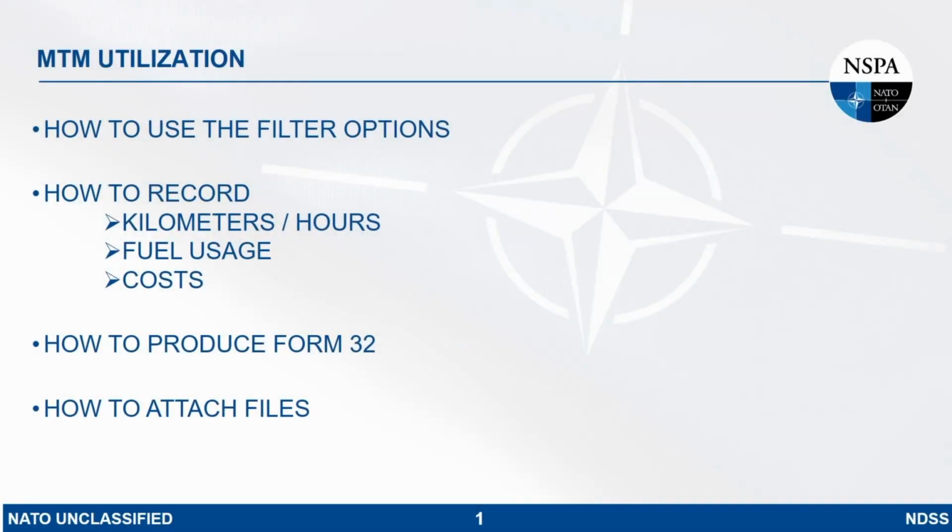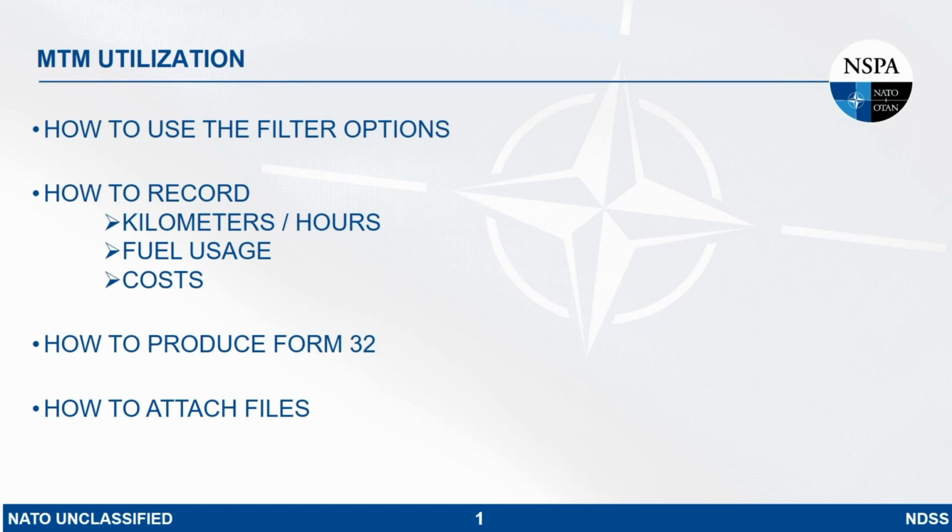So to summarize the different actions we just showed you during this video, we showed you how to use the filter options, more specifically how to filter on license plate or maybe a nomenclature of the type of vehicle, how to record kilometers or hours in case I have a special type of vehicle which is not recording kilometers but hours.